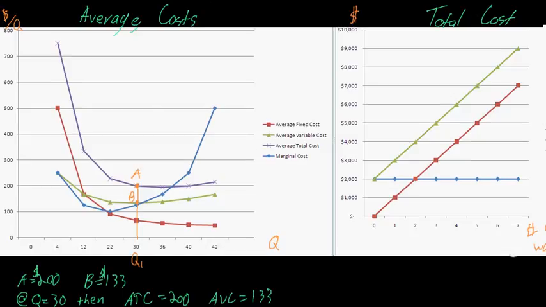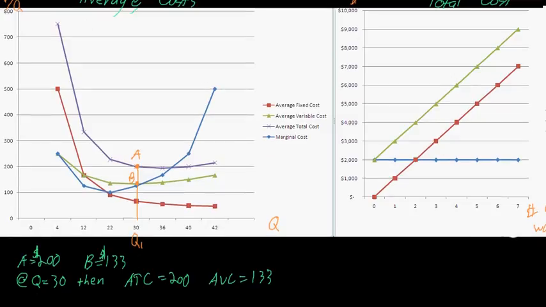A question you might get asked, and one that you should be able to figure out, is: at 30 units of output, what is our average fixed cost? Rather than put a question mark, I'm just going to put an equals sign here. So what is our average fixed cost if our average total cost is $200 and our average variable cost is $133?